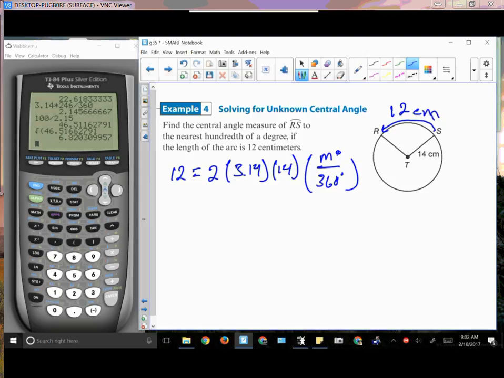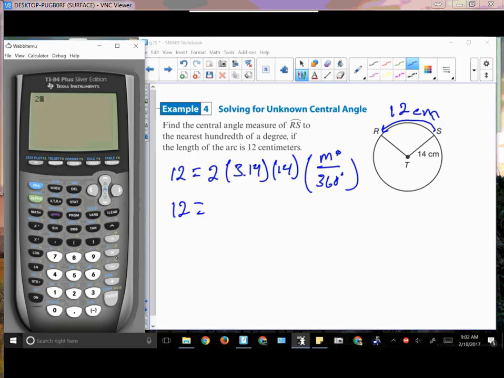So, well, this seems easy enough, right? I can take 12, set it equal to, I can take 2, multiply it by 3.14, multiply it by 14, and then divide it by 360.